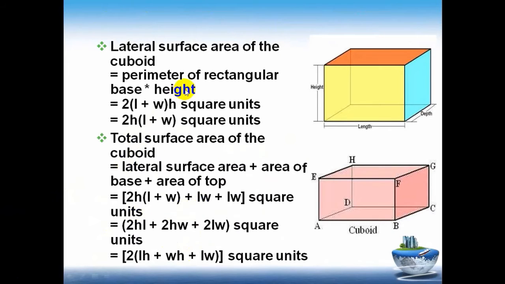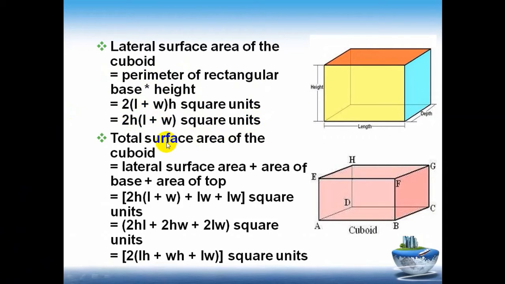The lateral surface area of the cuboid is equal to the perimeter of the rectangular base multiplied by height, which is equal to 2 into (length plus width) into height square units. We can write 2h into (l plus w) square units.